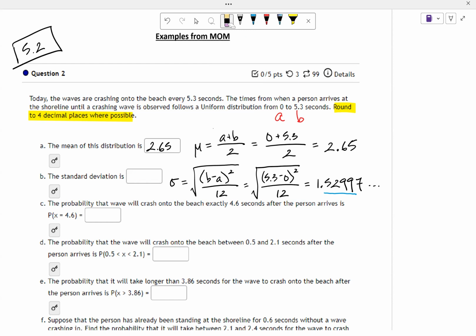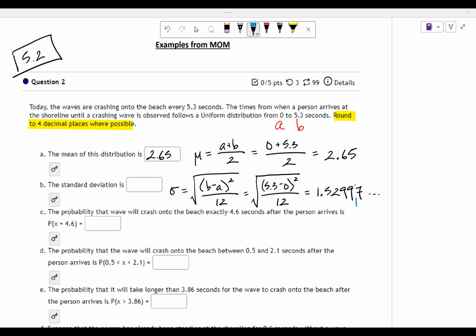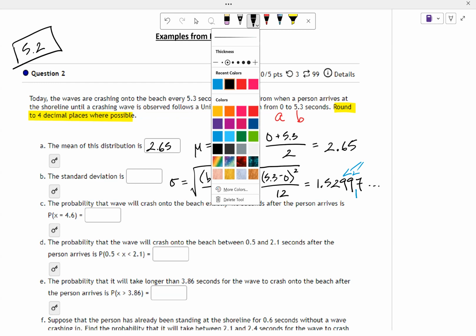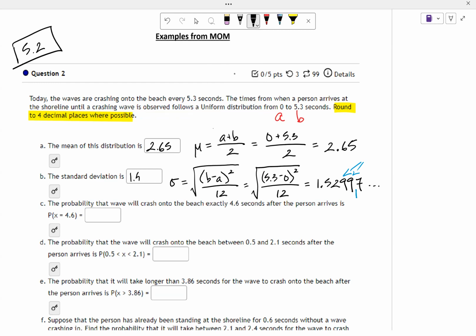If we're rounding to 4 decimal places, what we want to do is look at the 5th decimal place, and if it is 5 or bigger, we round up. That's going to turn this into a 0, which is also going to turn this one into a 0, and at the end of the day, we're going to end up with 1.53.